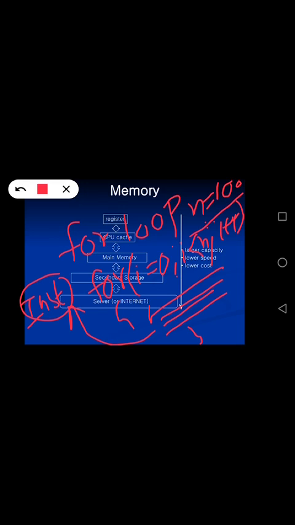If such instructions are placed into a special type of memory, then those can be executed in comparatively less amount of time.